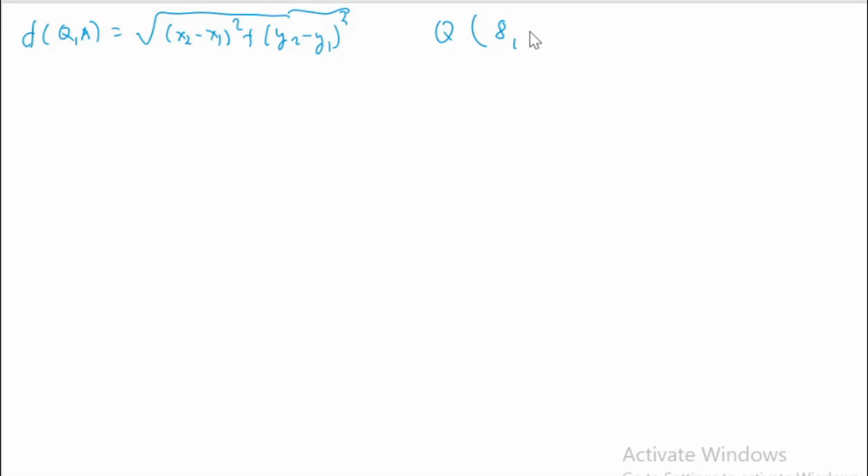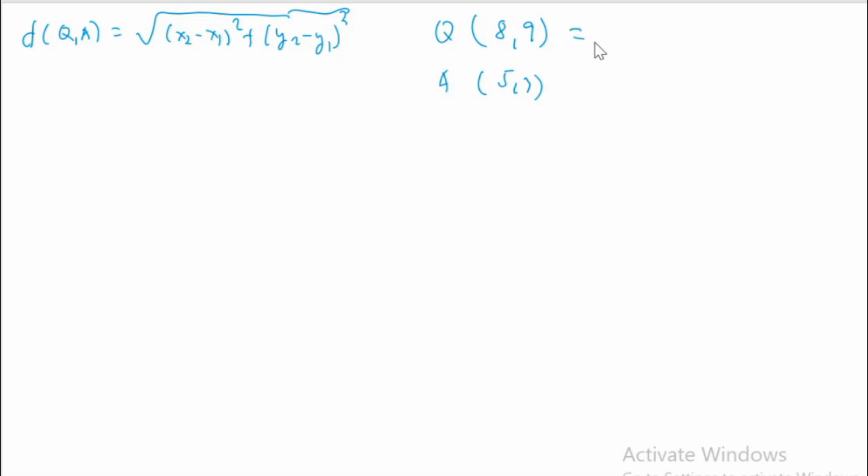So I can write now that the distance of QA is equal to the square root of x sub 2 minus x sub 1 the square plus y sub 2 minus y sub 1 the square. So I will write first here the coordinates of Q, which are (8, 9), and then your A is again (5, 3).